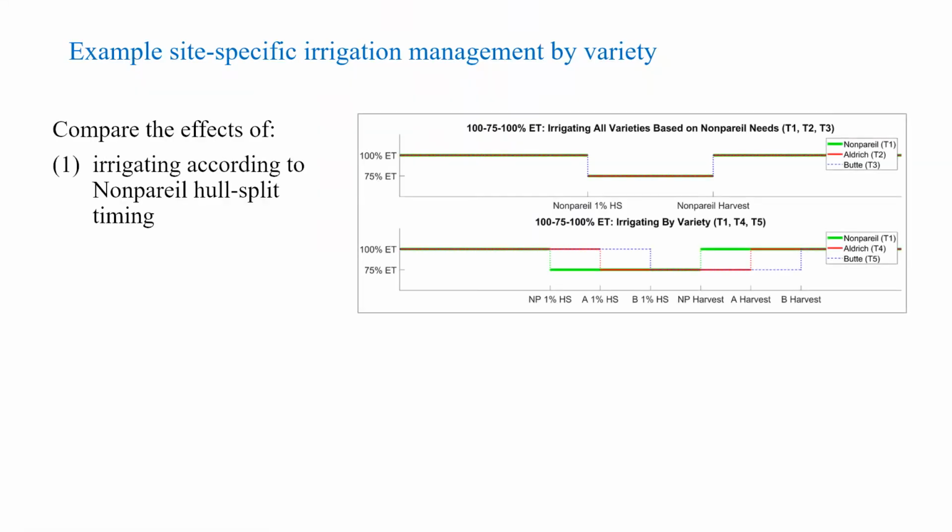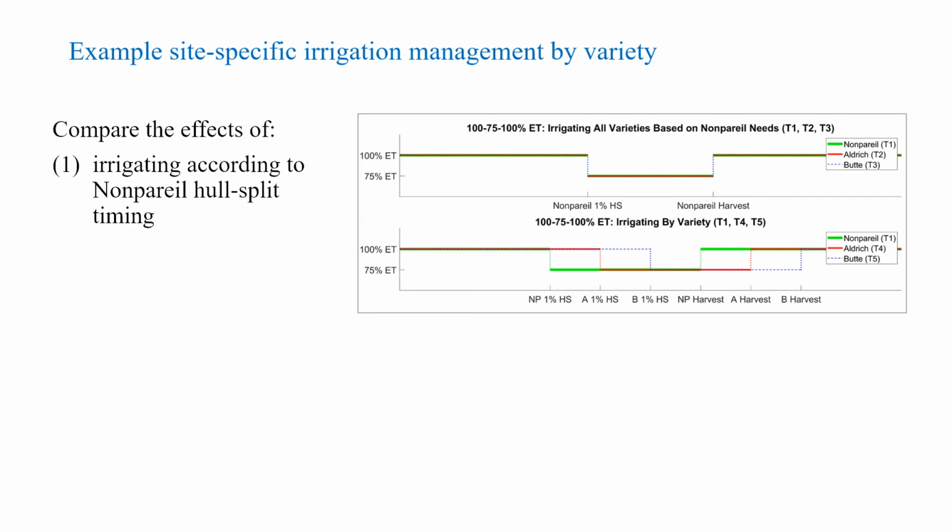So the idea we were trying to test is that we know that these different varieties have different phenologies, so they reach hull split at different times. The first variety in this particular orchard that reaches hull split is Nonpareil, then the Aldrich variety, and then the Butte variety.